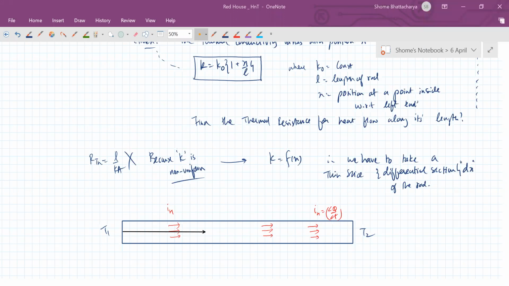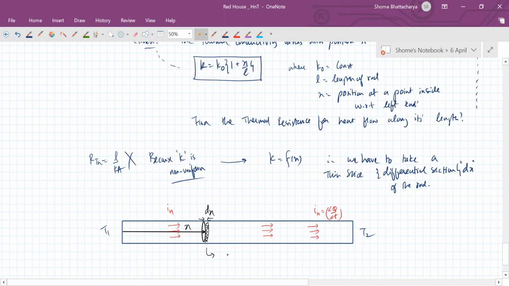So students, coming back to this, if we take arbitrarily at a distance x from this end, if we cut a section of the rod, so if it's, let's say, a cylindrical rod, so we have cut a section of this cylindrical rod of thickness dx.